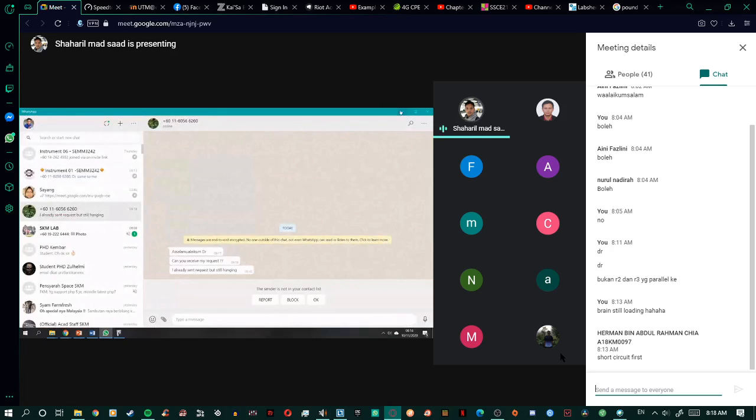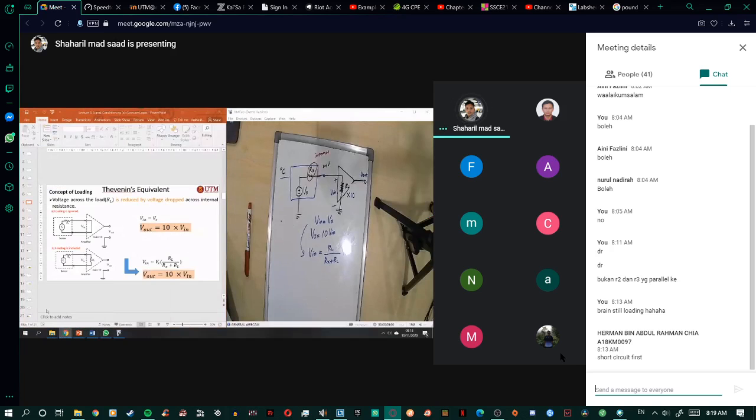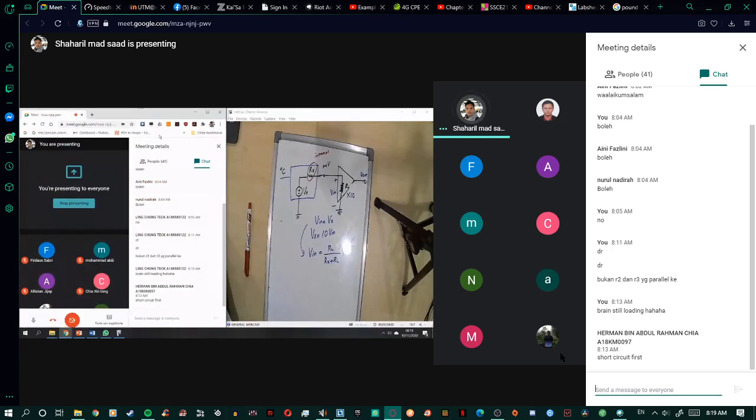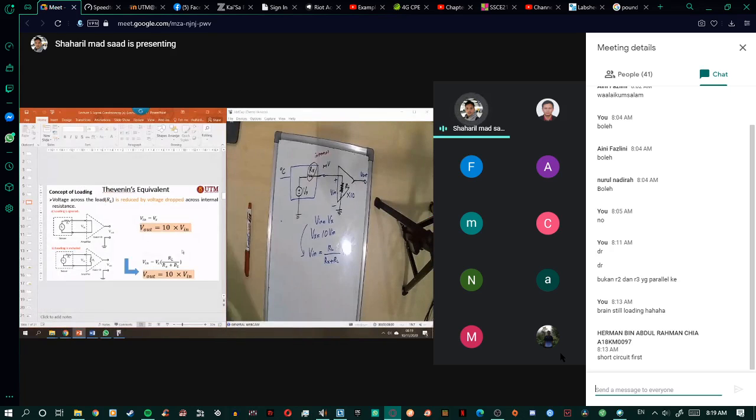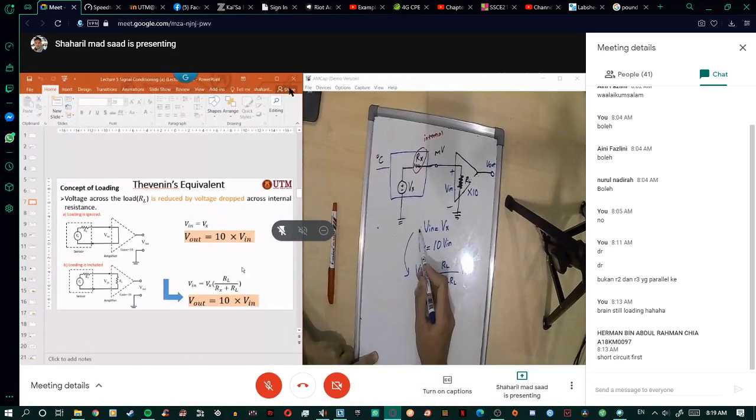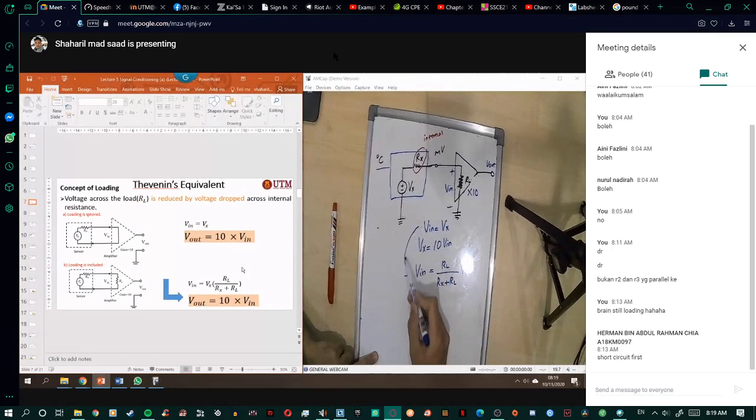So this V in will be RL over Rx plus RL, times Vx here. This slide is quite different from your slide. So what you can see here is that a voltage drop happens.